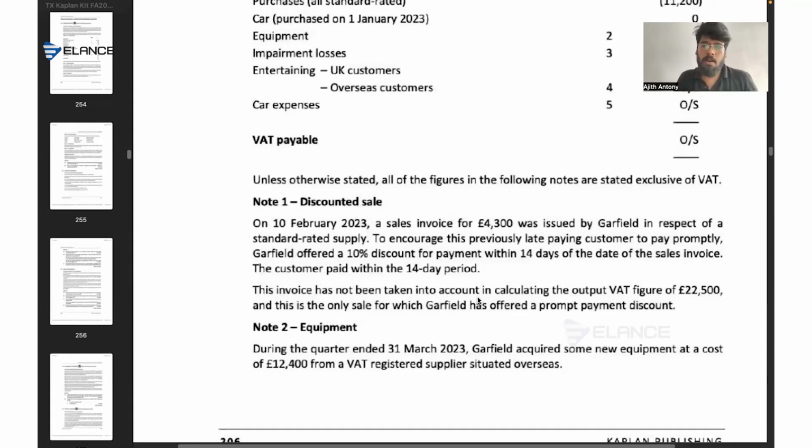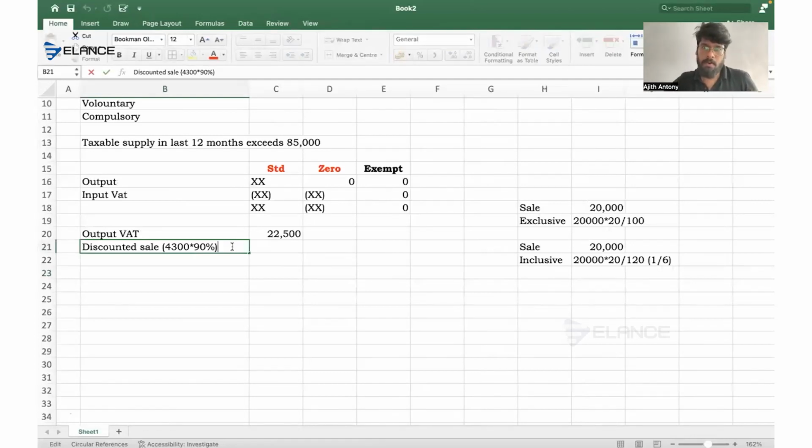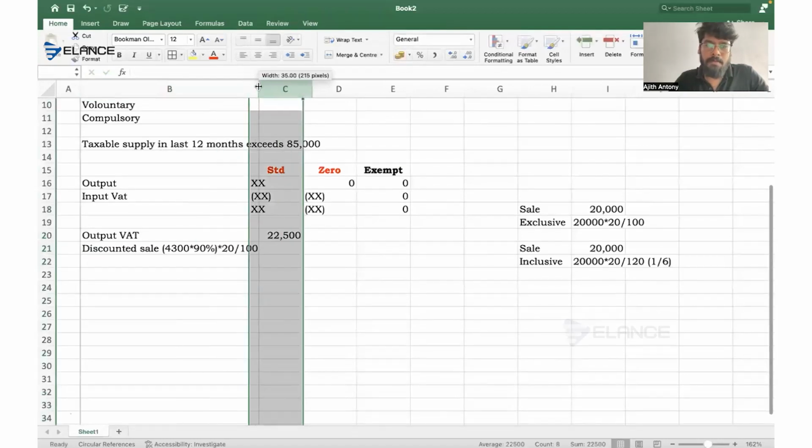So here this 9,300 we can consider as a VAT exclusive amount, because in the note they did not mention it is a VAT inclusive amount. So we can use 20 by 100 here because it's a VAT exclusive amount.